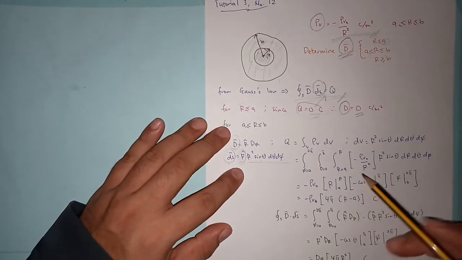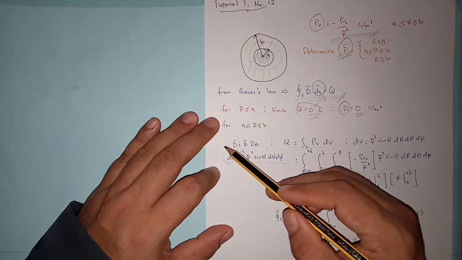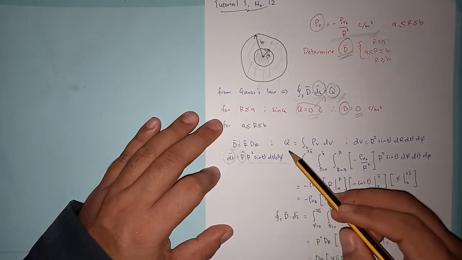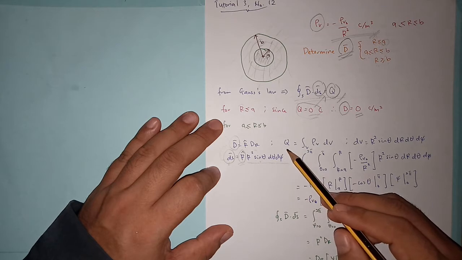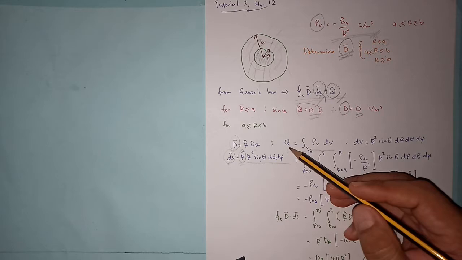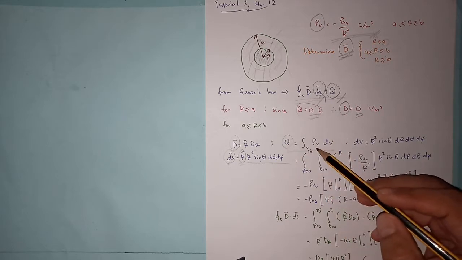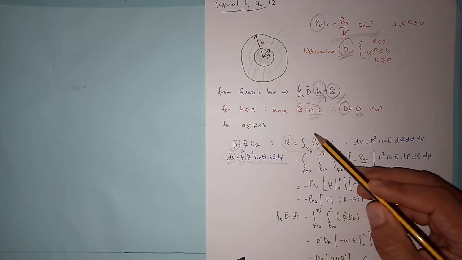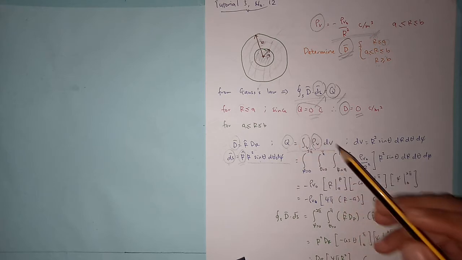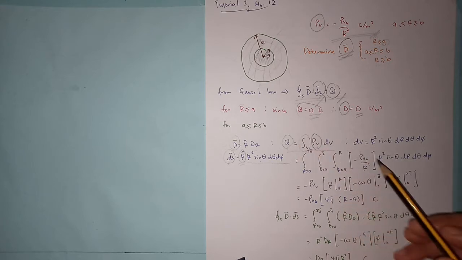Before we solve this equation, let's look at how to solve for Q first. This is the formula we use to find the total charge given the volume charge density rho v. We need to perform a volume integration of rho v dv.